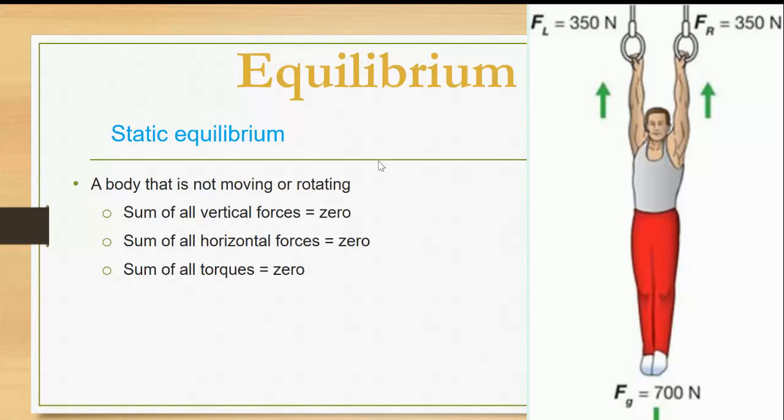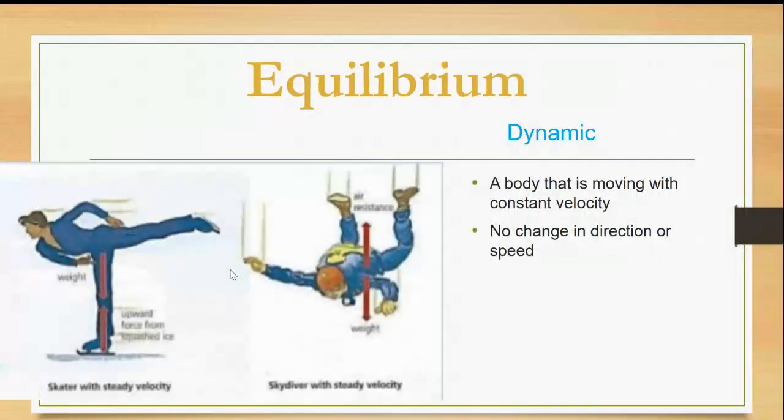So you can see those two added together versus the gravity and weight pulling them down are equal. So the sum of all vertical forces are zero, sum of all horizontal forces are zero, and sum of all torques are zero.